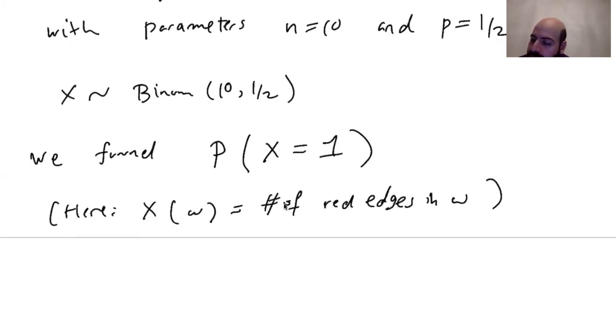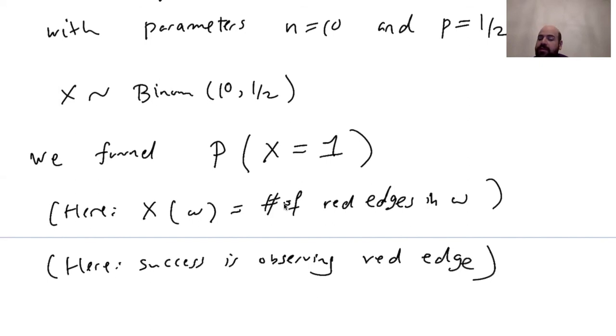So here success is observing a red edge, because X is the number of successes, here the number of red edges. That means our success is observing a red edge.